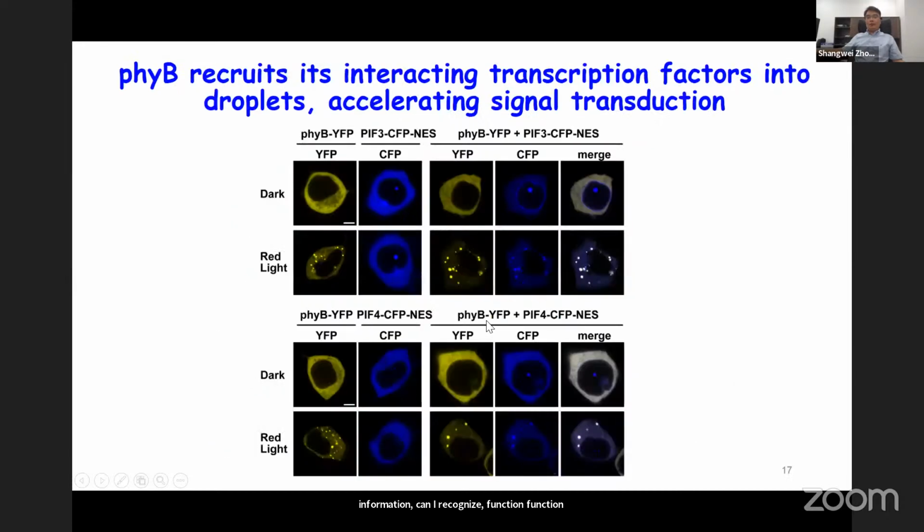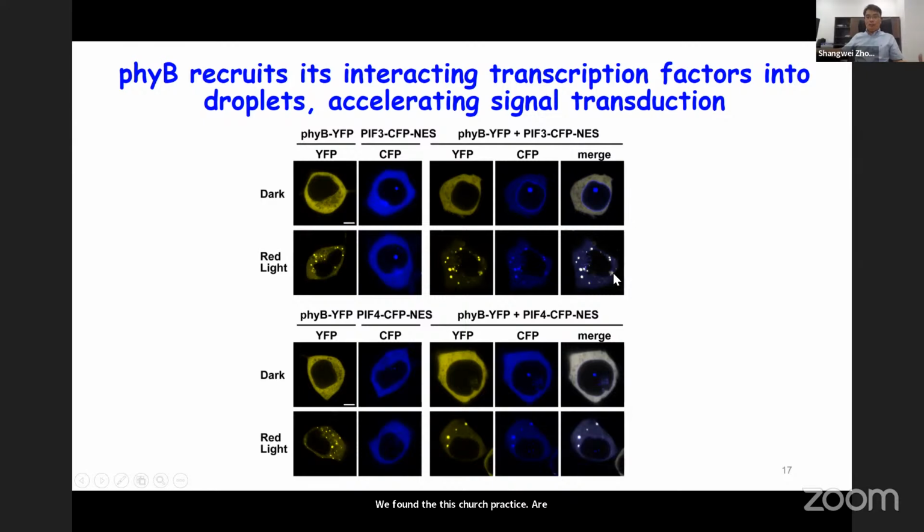We further examined the formation of 5B droplets. When we co-express 5B with interacting transcription factors such as PIF3 and PIF4, we found these transcription factors are recruited by 5B into the food bodies.